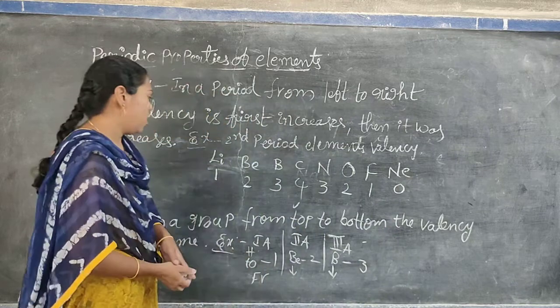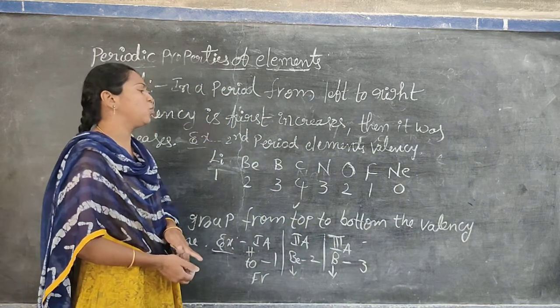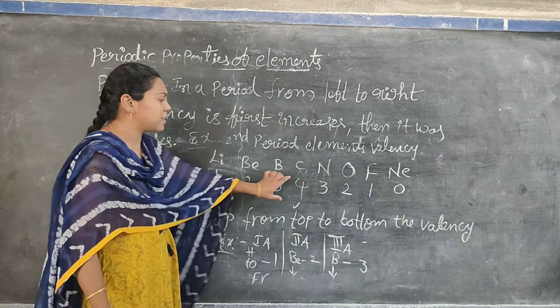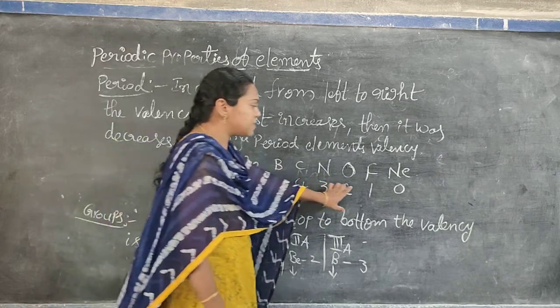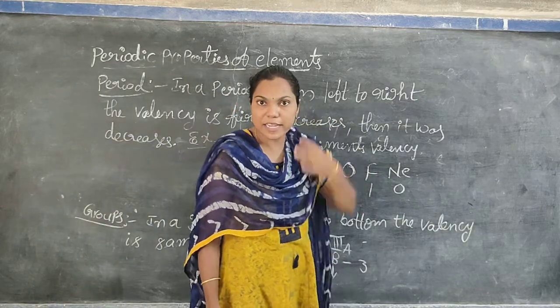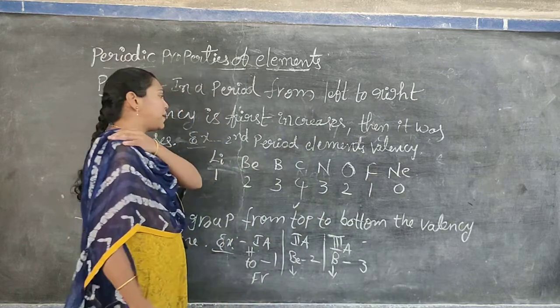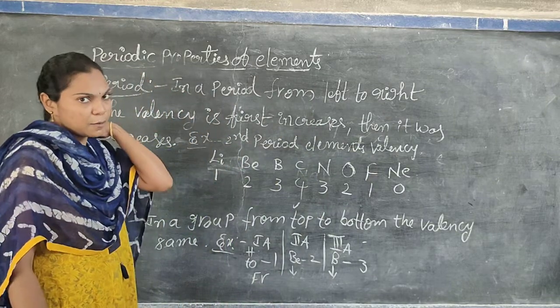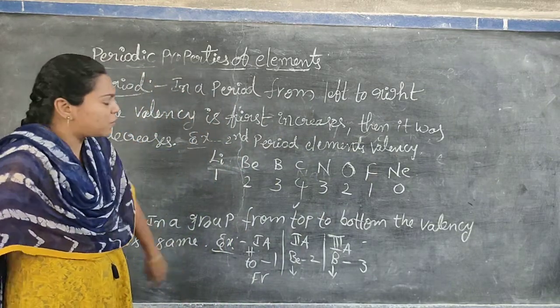So 1, 2, 3, 4, then 3, 2, 1, 0. First it increases, then it decreases slowly. Not only in second period, you can check in third, fourth and fifth periods also.